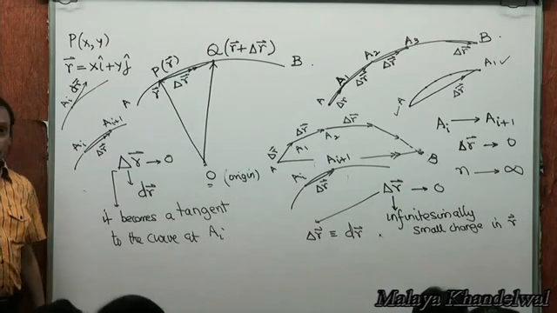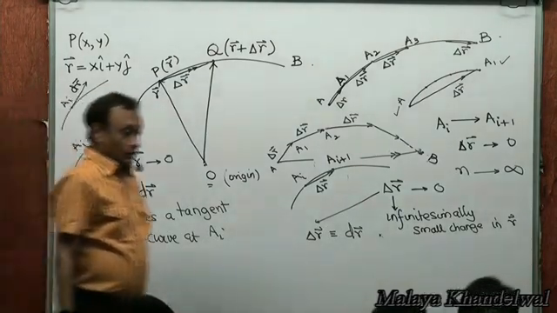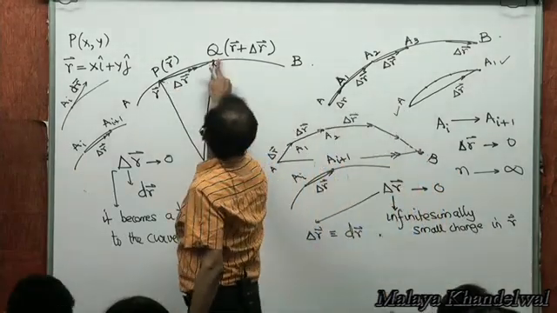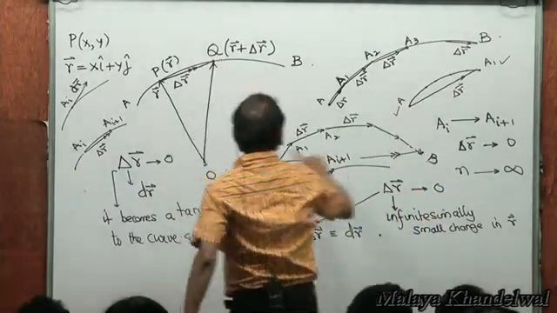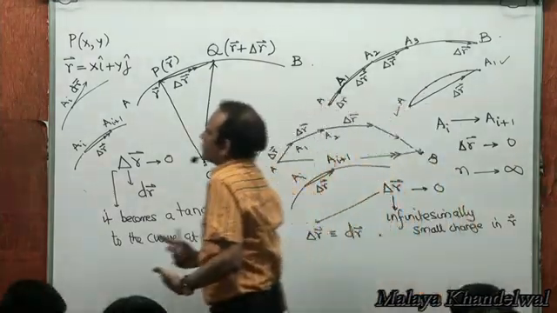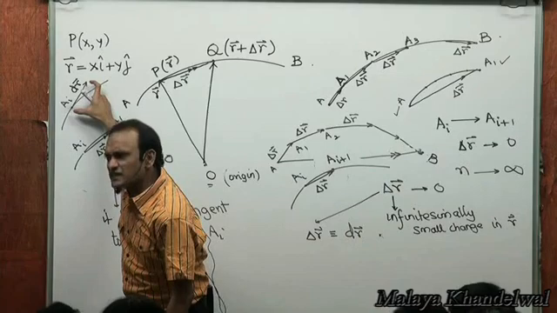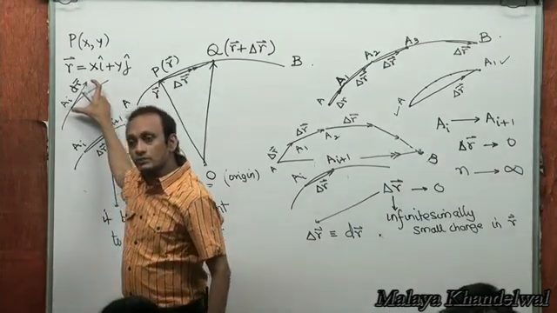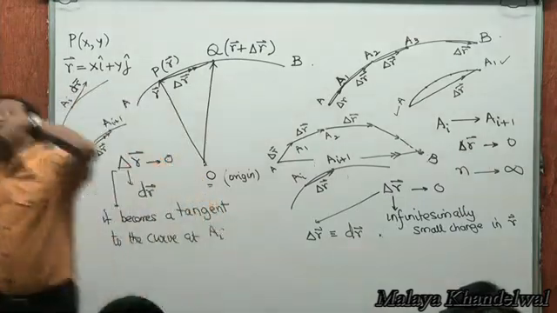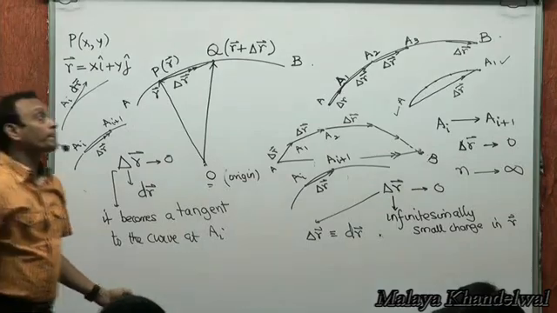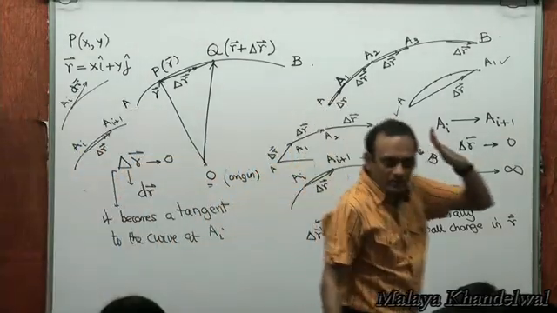Now, while delta r skips several points between ai and ai plus 1, this dr is an infinitesimally small change in r, as small as one could imagine, right? And it is a tangent to the curve from instant to instant.